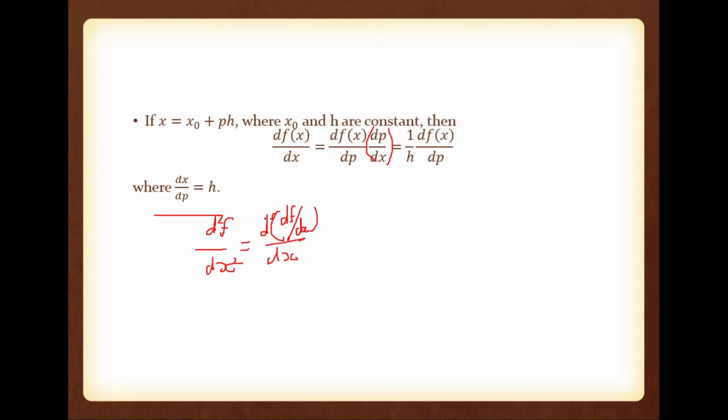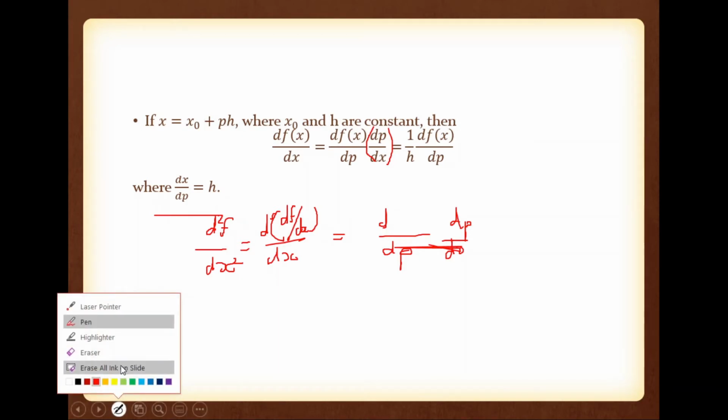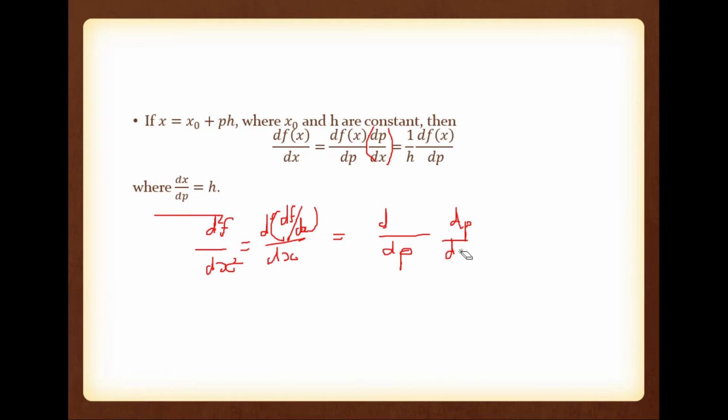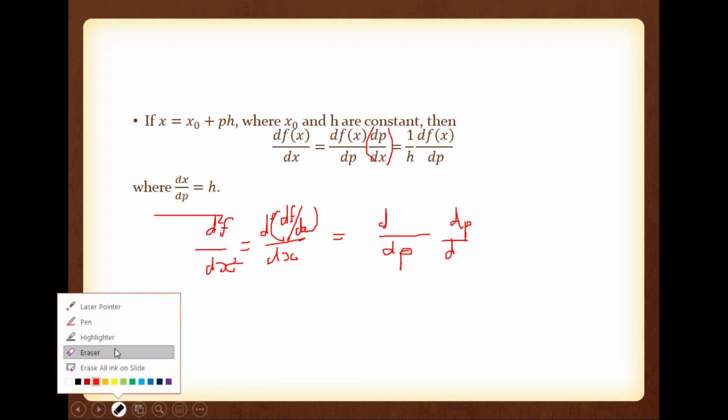This outside d by dx, we can write as d by dp into dp by dx. Is it okay?